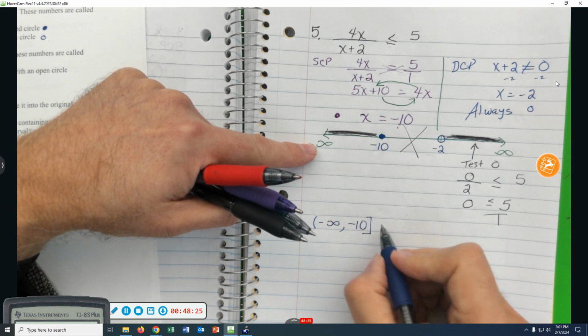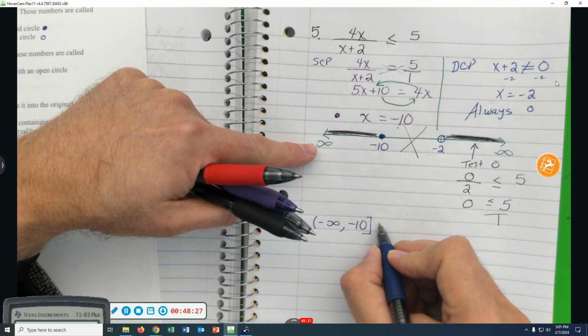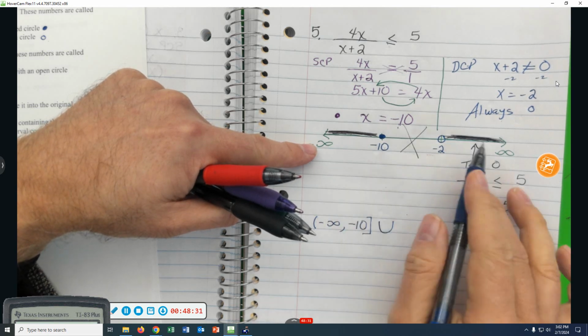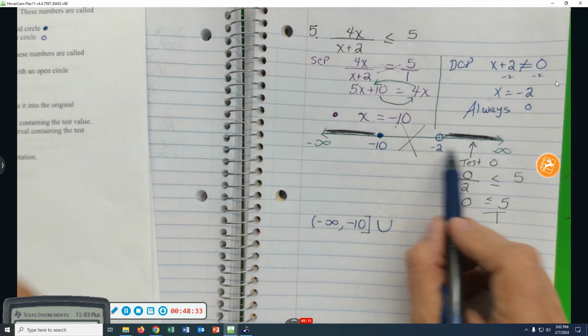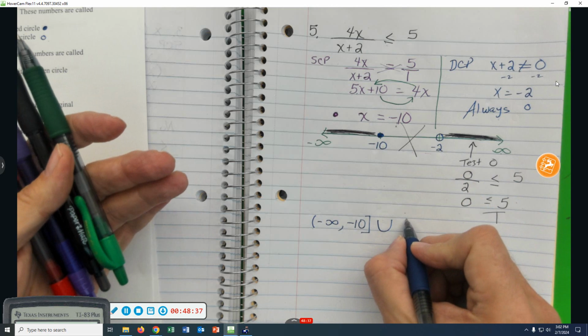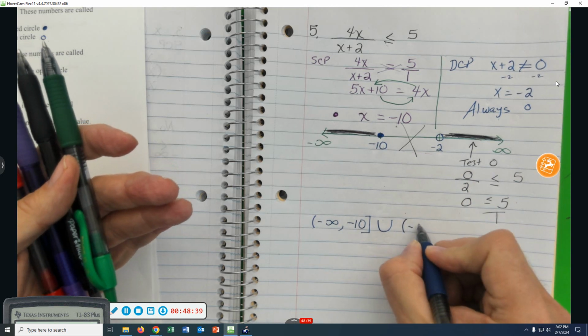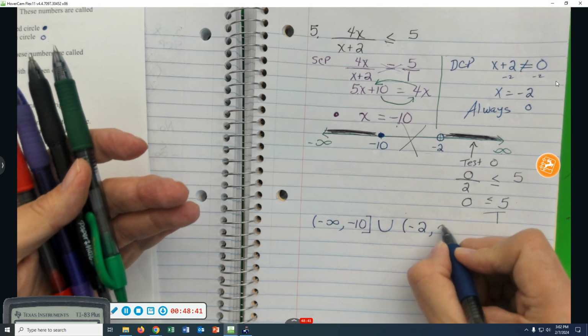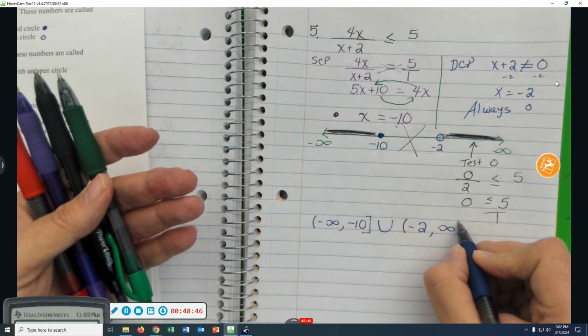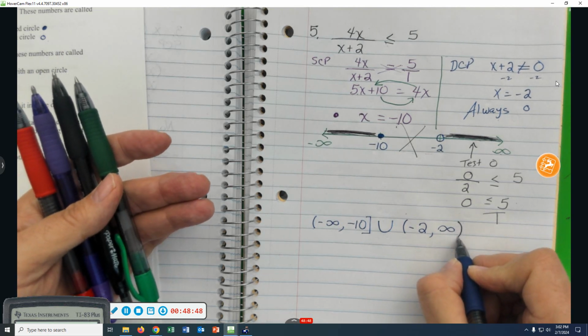Do I have to type in one of those little union symbols that looks like a U? Yes. Because we have more than one interval. So now I'm using this one here. Parentheses or bracket. Parentheses, negative 2, comma, infinity. What was this? Parentheses.